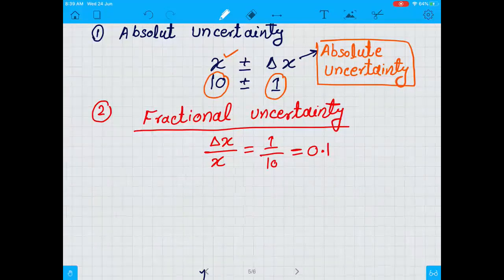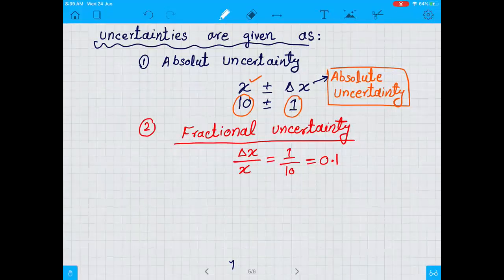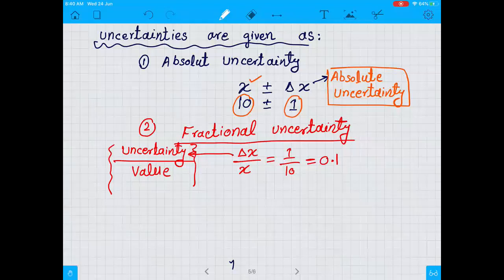So this fractional uncertainty is basically dividing the uncertainty over value, and it is given as out of 1.